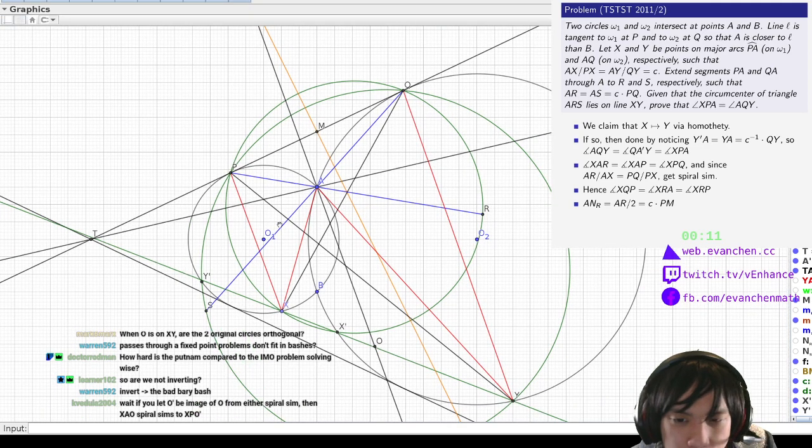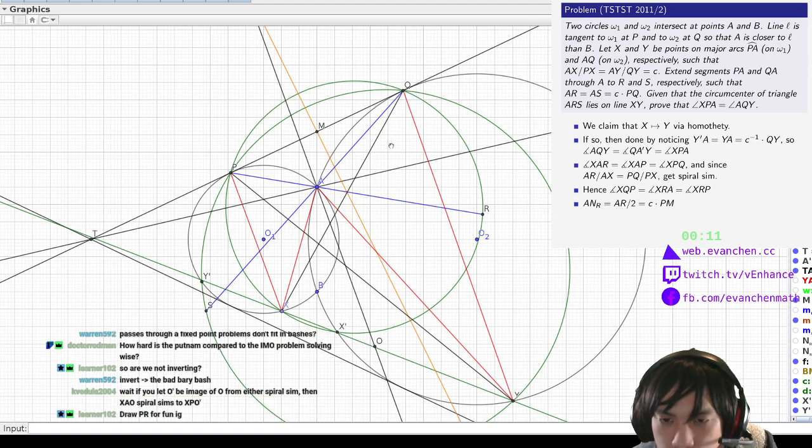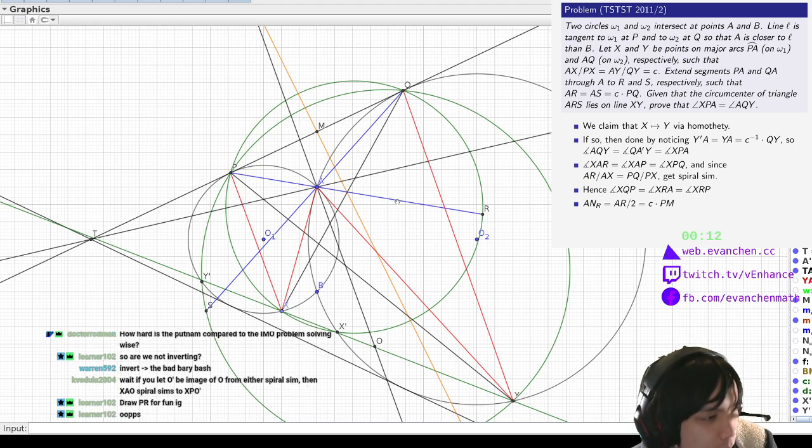Let O prime be the image of O under either spiral similarity. Okay, which O? Then XAO is spiral similar to XPO prime. Draw PR. What is PR going to do? Wait, PR is already drawn.